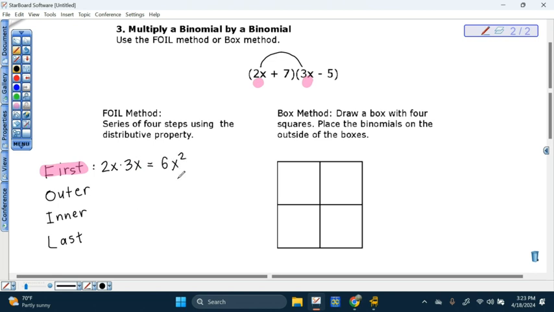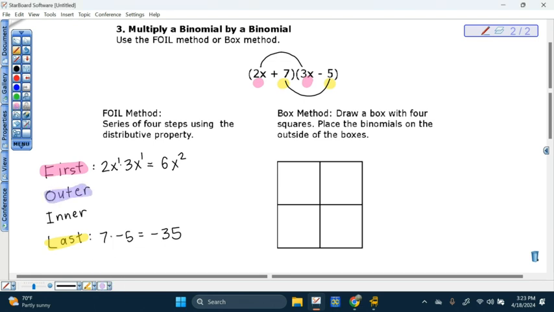Right? 2 times 3 is 6. 1 plus 1 is 2. 6x squared. And what are the 2 last terms? Good. 7 and negative 5. So I'm going to do 7 times negative 5, which is what? Good. Negative 35.